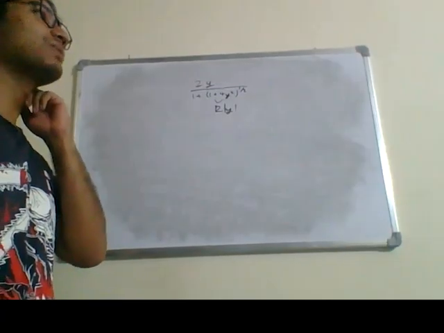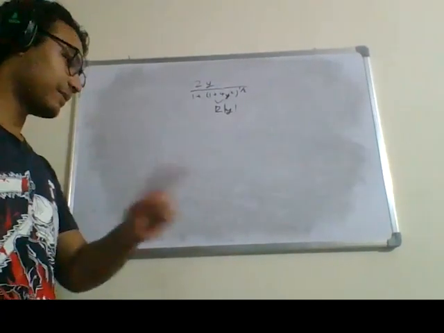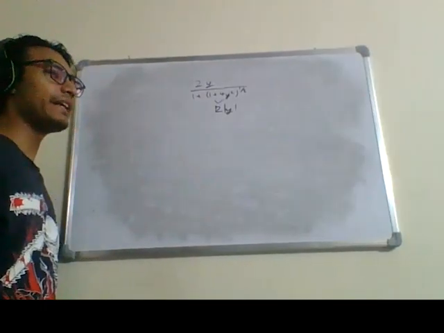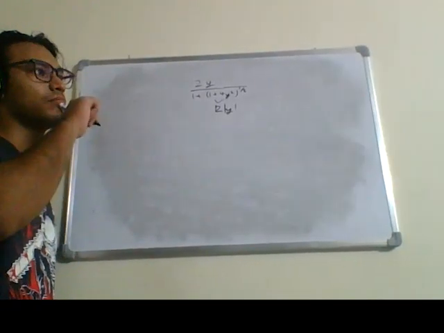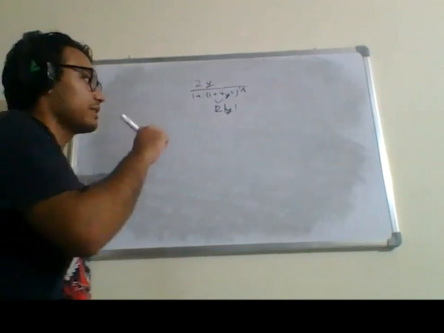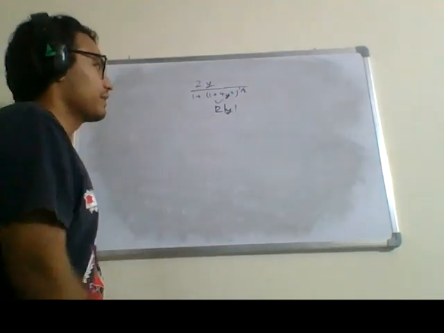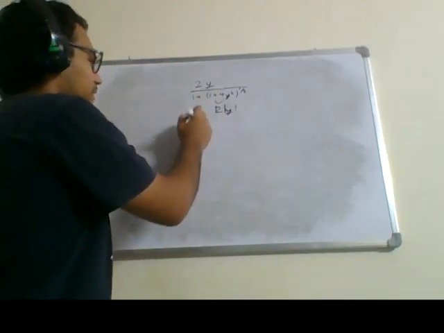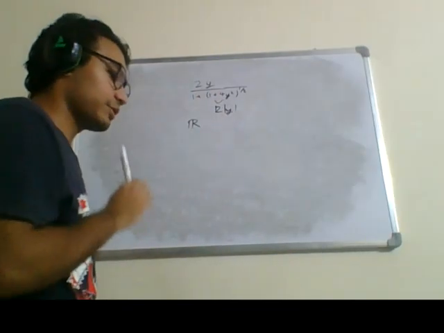Oh, I see. Yeah, there were some cases of it being positive and negative, but they all work out. Okay, so because of that, it's defined on the entirety of R.